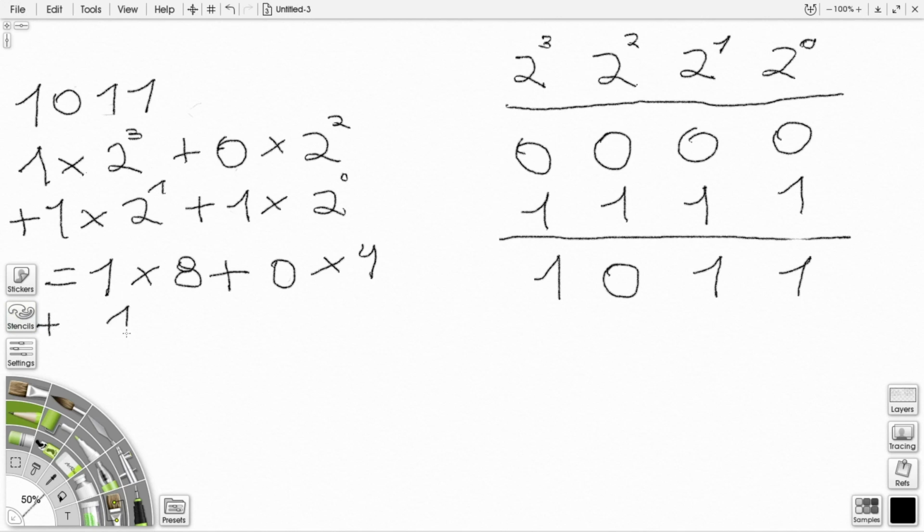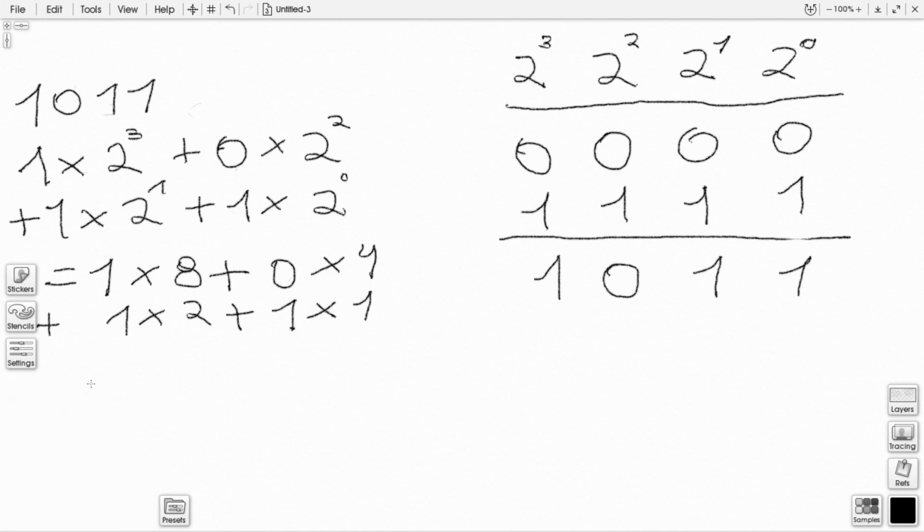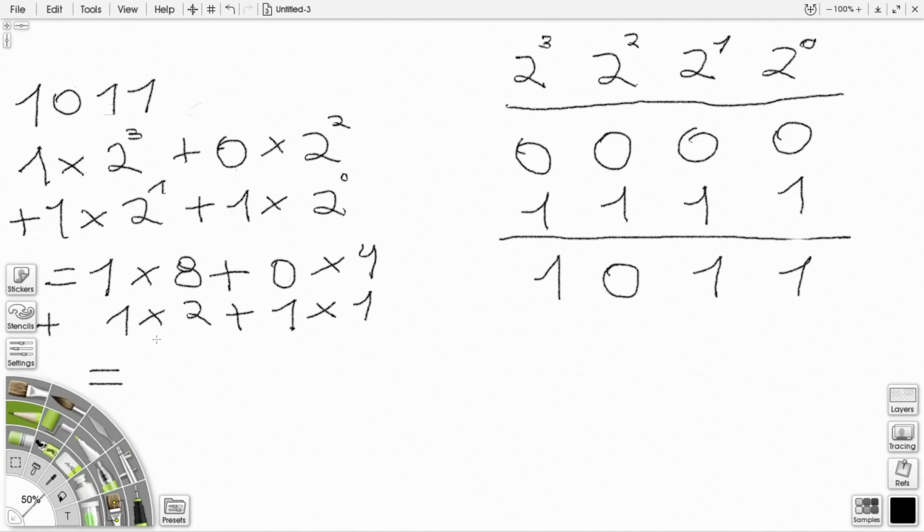It's 2. 1 times 2, plus 1 times 1. So the result is going to be 8, plus 0 times 4 is 0, plus 1 times 2 is 2, plus 1 times 1.